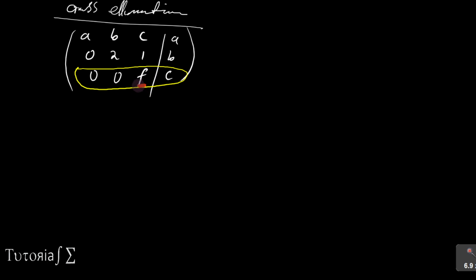Now, if you have zeros throughout, that is 0, 0, and F here is equal to 0, and C here is equal to 0, so you have 0 and a bar there and 0 like that, in this case we conclude that the system has infinitely many solutions.